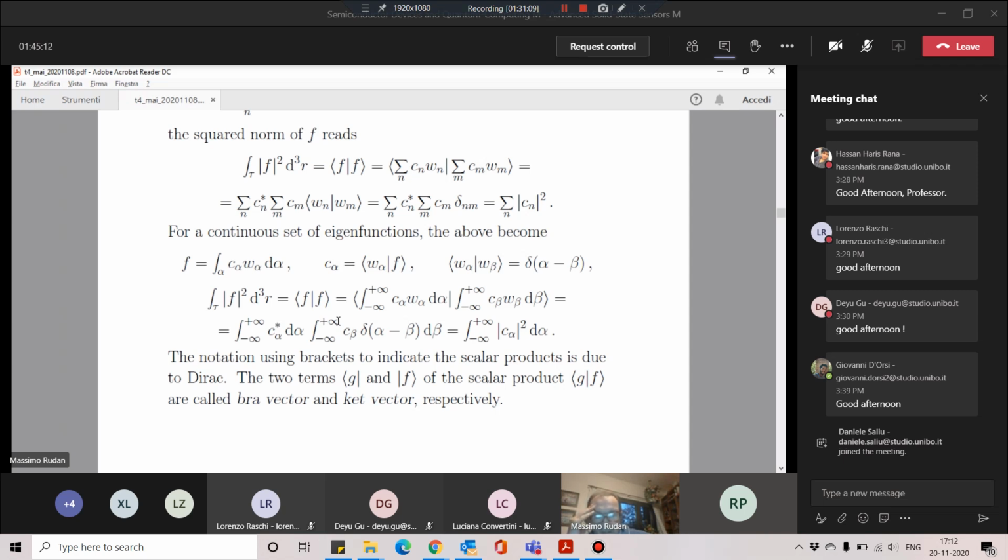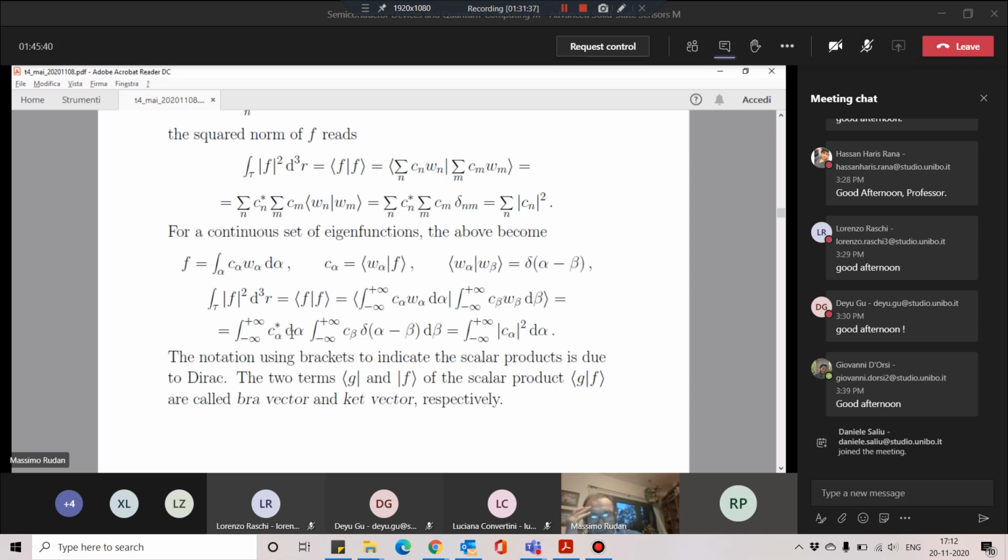The parameter beta of C takes the value in which the argument of the delta vanishes, so beta must be equal to alpha. The integral becomes C alpha multiplied by C alpha star. This is a perfect identity, a perfect symmetry of symbols.